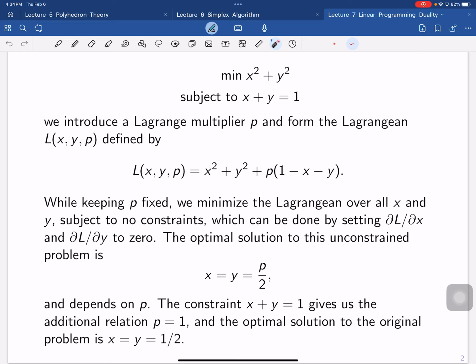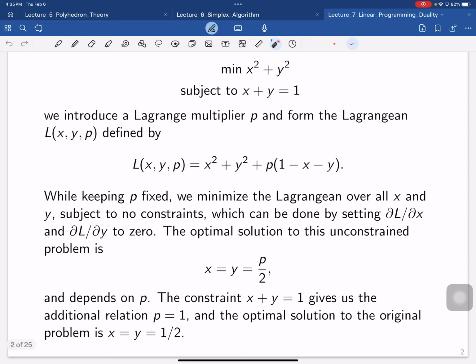But for this example, it gives you a very intuitive way of calculating p, because if you want to satisfy the constraint x plus y equals 1, then with this additional constraint p equals 1, and the optimal solution to the original problem will be x equals y equals 1 over 2.